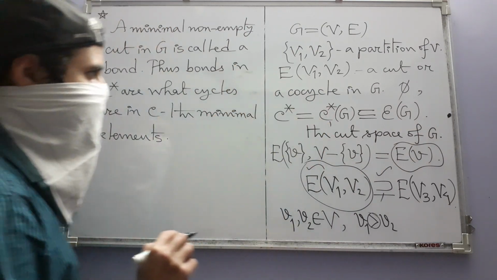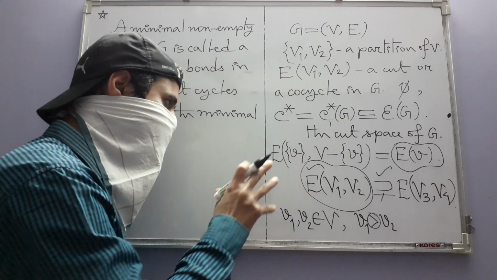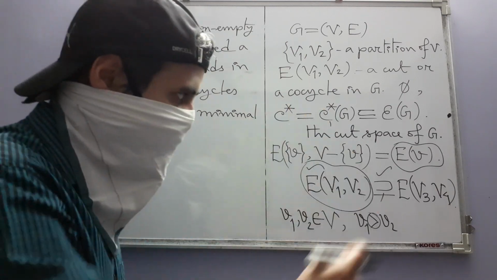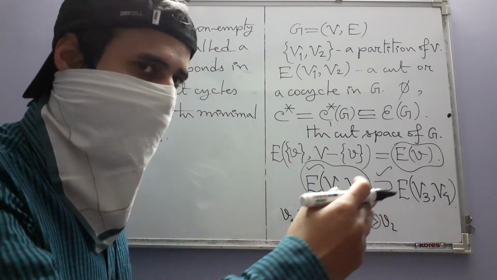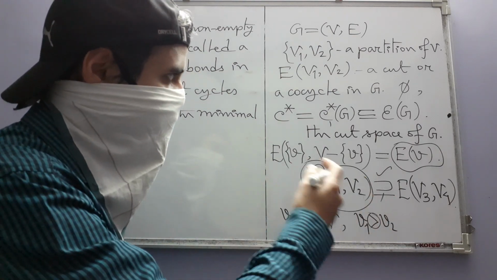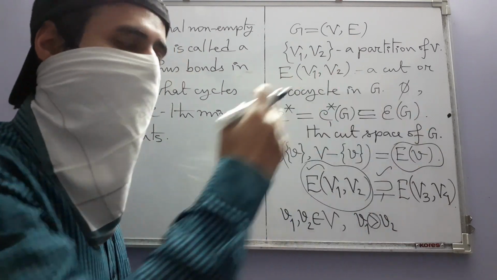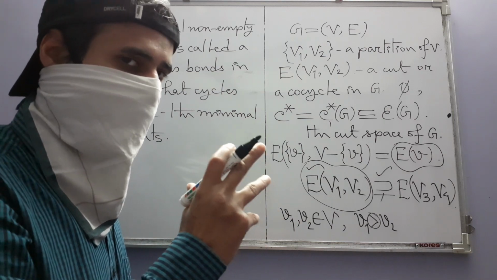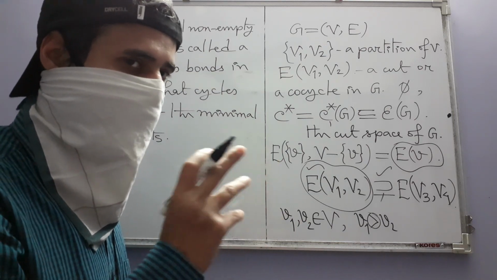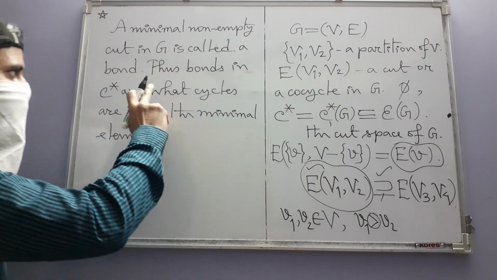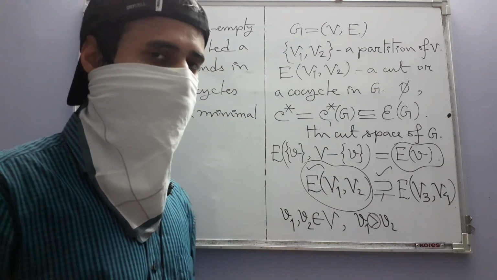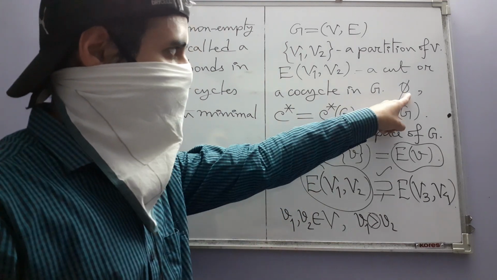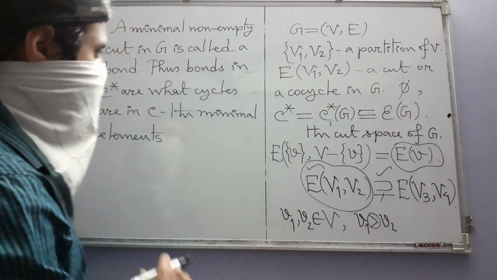So in that cycle space, the cycles themselves, or rather their edges, are actually not all the vectors they span. The general vector in the cycle space is a linear combination of these cycles or the sets of edges. In the cut space, the difference is that the cuts themselves are the vectors, along with the empty set, of course.